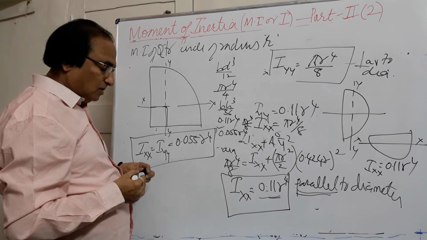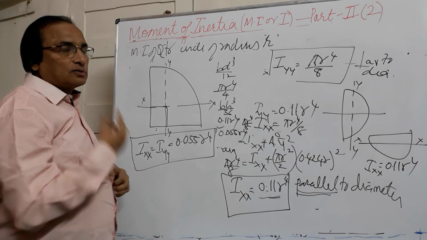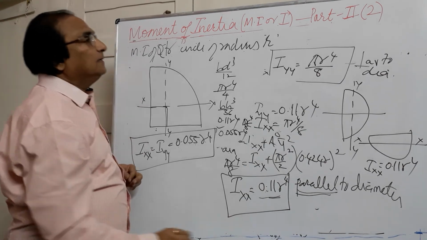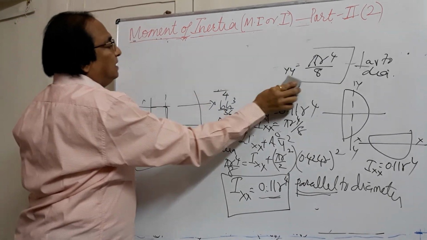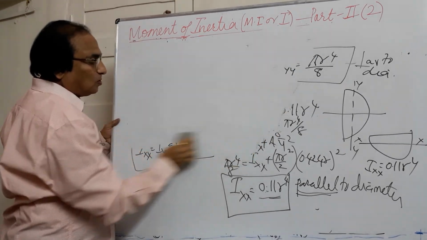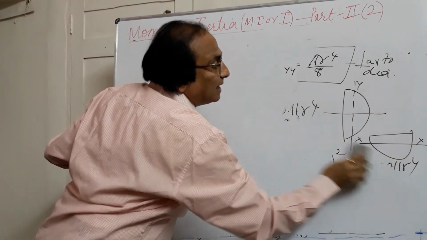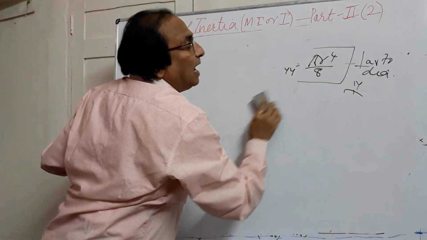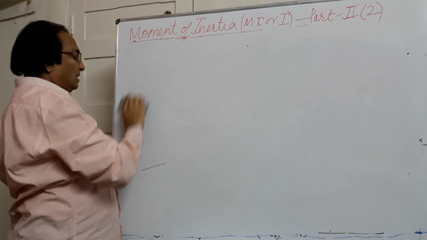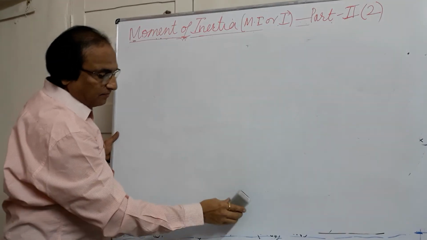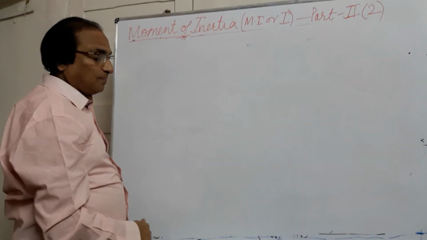You are required to remember these values by heart so that you can solve the problems, because without knowing the formulas you cannot solve problems on moment of inertia. Like in center of gravity we have seen, unless you know the distance of the centroid of the figure you cannot solve the problem. Likewise, unless you know the moment of inertia of the figure you are not in a position to solve the problem.